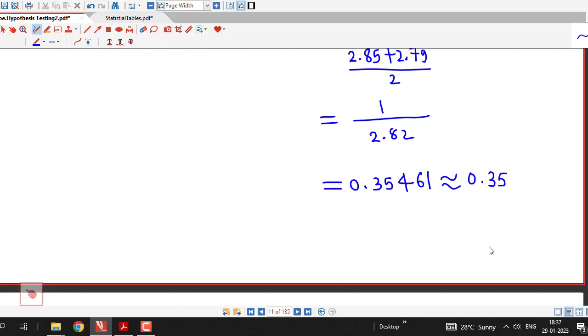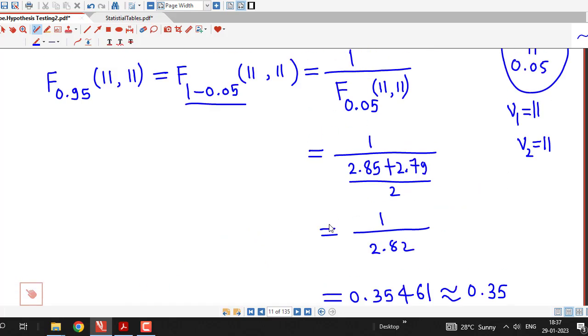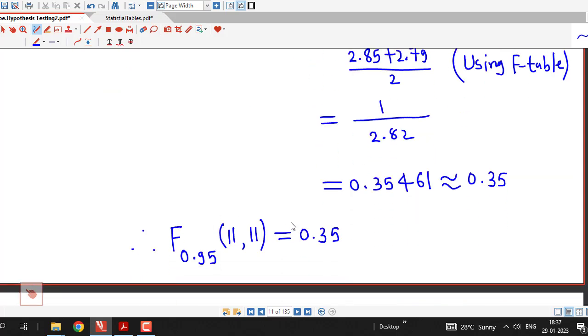If we round off to 2 decimal places we have 0.35. So what have we obtained? We have obtained the critical value F suffix 0.95 for 11 degrees of freedom in the numerator and 11 degrees of freedom in the denominator. Here we can mention that, using the F table, the critical value is 0.35.